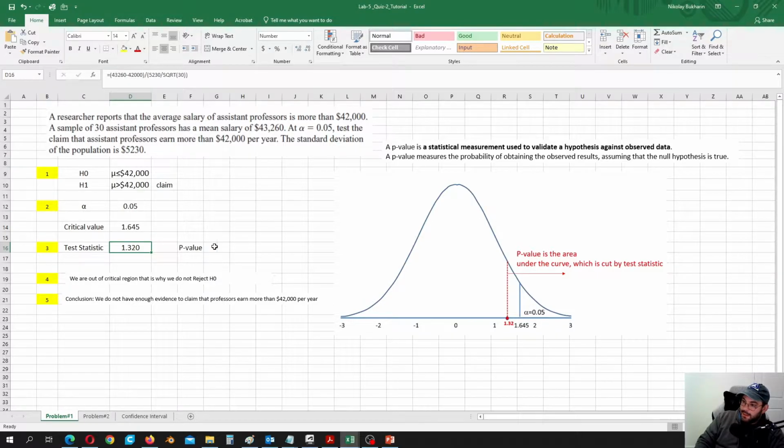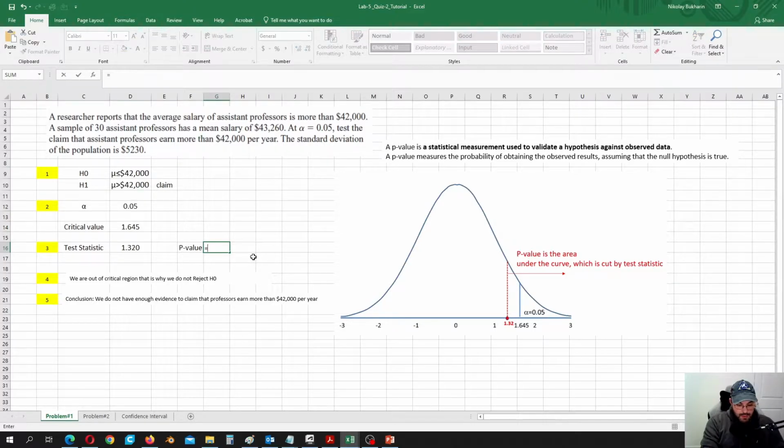The p-value is equal to, this is the normal standard distribution, and this is our test statistic. This is cumulative, and it calculates the area to the left, so in order to get the area from the right, we need to take 1 and subtract it.